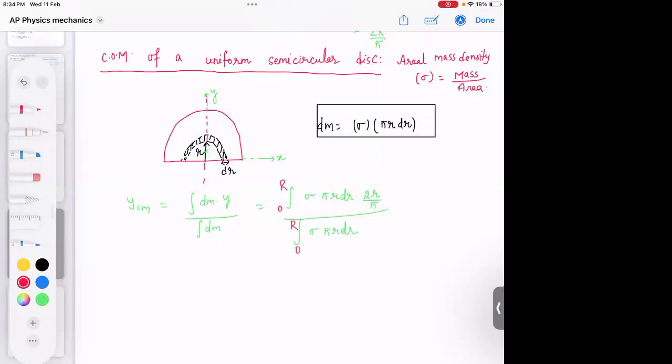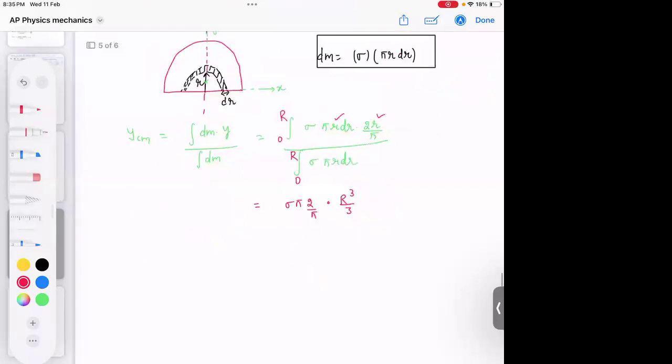Now we integrate: sigma outside, pi outside, 2 outside. r square dr means r cube by 3 will come. And in the denominator, sigma outside, pi outside, r dr integration means r square by 2 will come.